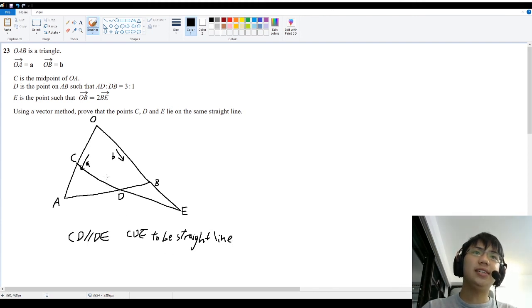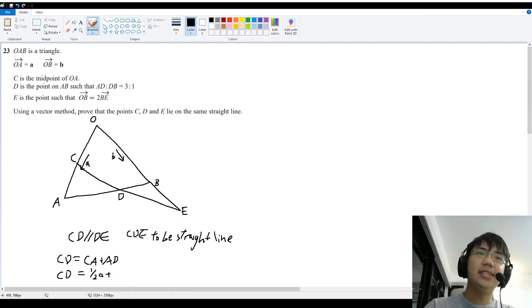So CD is CA plus AD. CA over here is equal to half a, but AD is 3/4 of AB, so let's just figure out AB first.